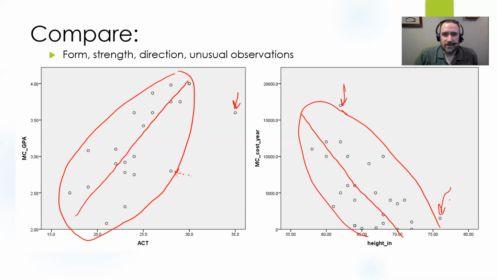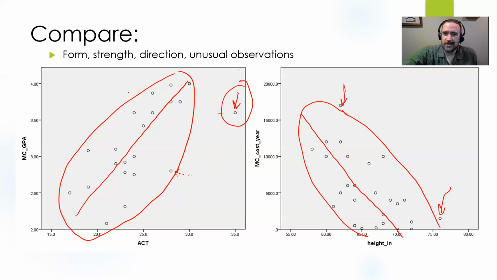And those are often the most interesting for us. So like in the context here, this is ACTs and how they relate to GPA. And this person here has a very high ACT, but not as high of a GPA as we would expect. And that's part of why it's an unusual observation. We might expect somebody with that high of a ACT to be up here closer to the 4.0 GPA.